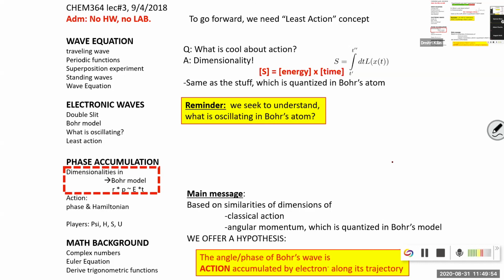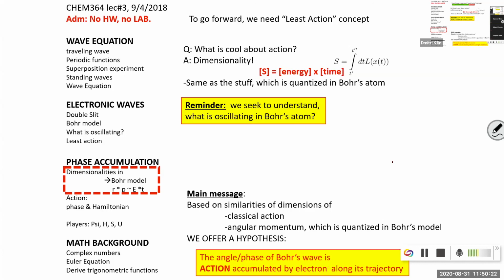And while it accumulates action, something is oscillating. These oscillations are more vivid, it oscillates up and down more quickly, the bigger the action. So accumulation of action results in oscillating waves of some nature that define the allowed states of the electron in the nucleus.